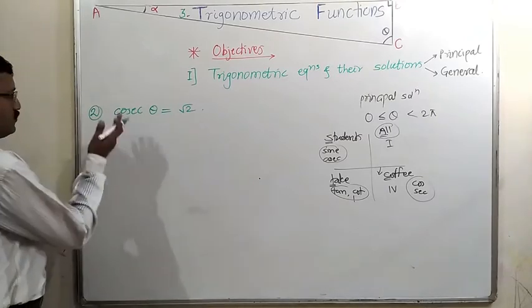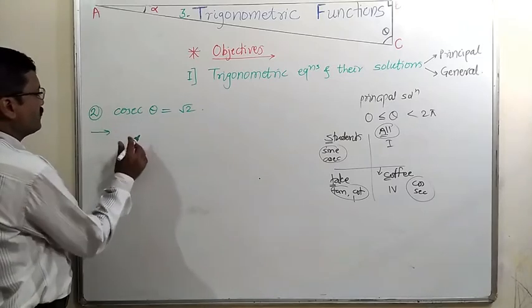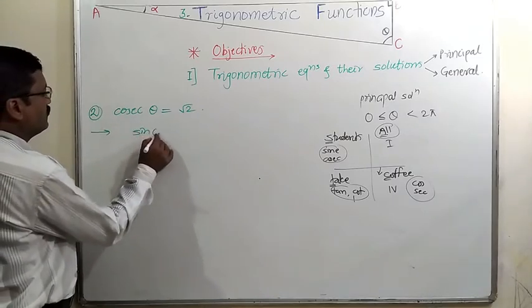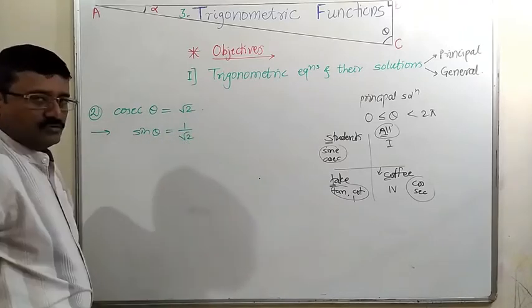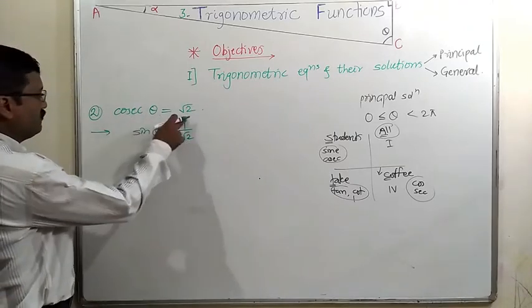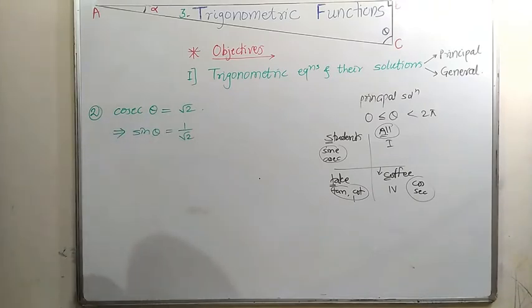Can we convert this cosec into sine? Obviously, it's very easy. The inverse of cosec is sine, and the inverse of root 2 is 1 upon root 2. So if cosec theta equals root 2, then sin theta is equal to 1 upon root 2.